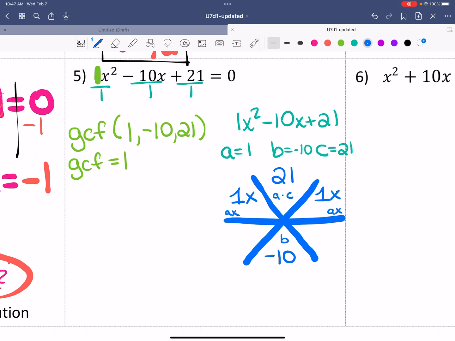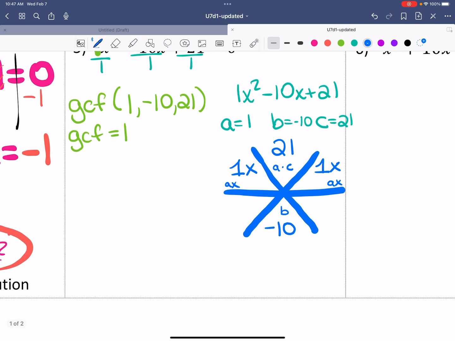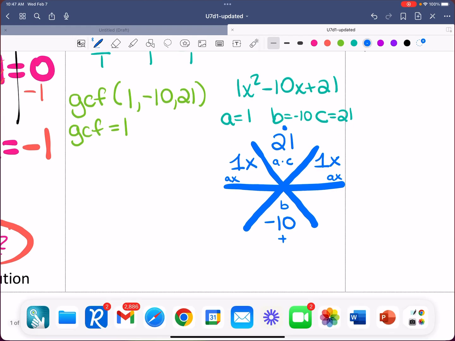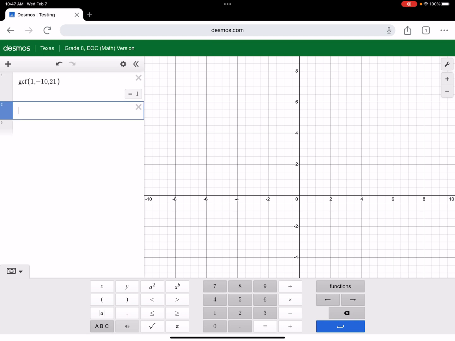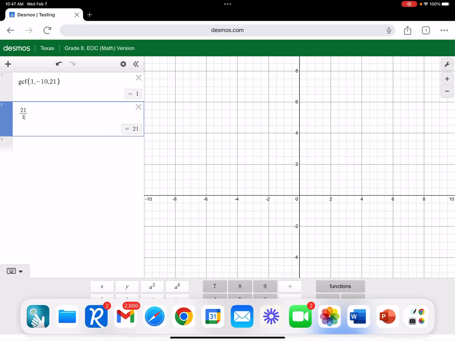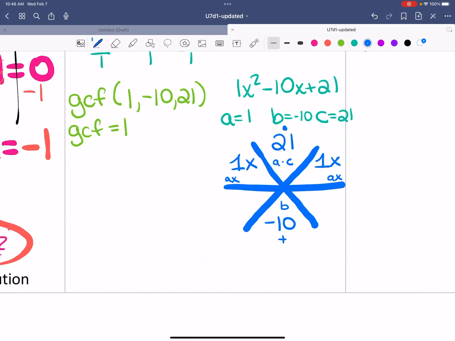And now we need to fill in those last 2 spots by doing our cross puzzle, where we need 2 numbers that multiply to 21 but add to -10. And so remember, if you don't know your times tables, you take your target 21, you start by dividing by 1, and whatever number you get, that's its partner. So 1 and 21 are the first set of options.